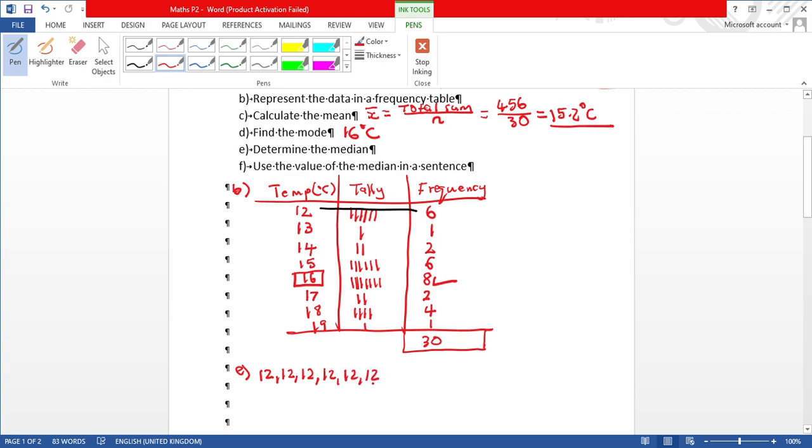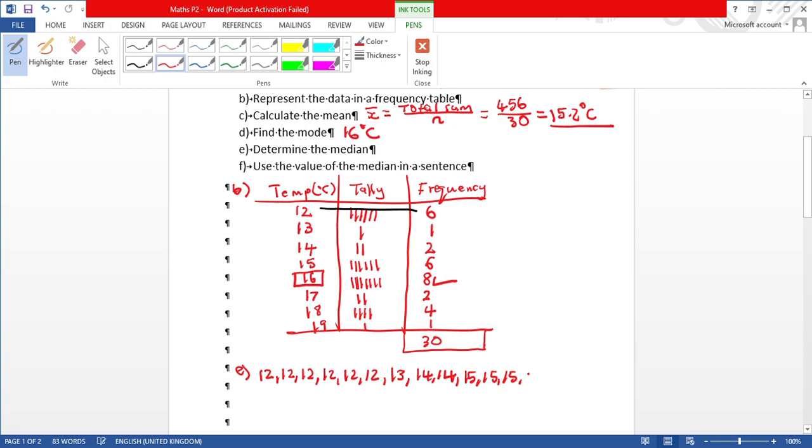Yes, I think we've accounted for all the 12s. And then we've got only one 13. How many 14s have we got? We've got 2 of them because the frequency is 2. Let's just write 2 14s. 15s, about 6 of them.